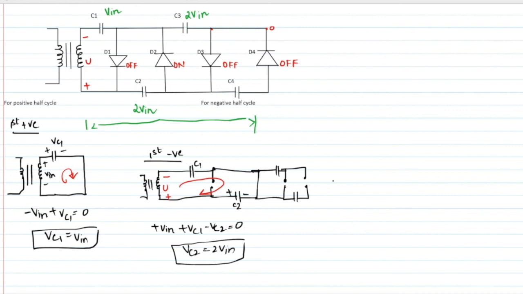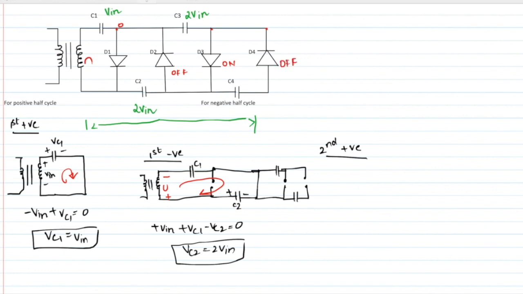Now applying the second positive cycle. For the second positive cycle, this has to turn on, but we assume it as 0, so this will turn off. Positive is applied to the anode, so on. Positive is applied to the cathode, so this is turning off.